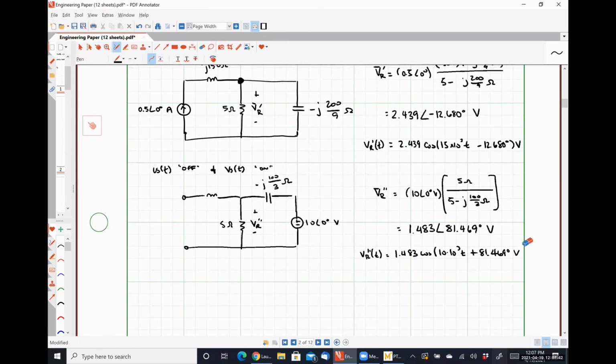Sorry, that should be outside of the parentheses, giving us VR of t is 2.439 cosine(15 times 10 to the 3 t minus 12.68 degrees) plus 1.483 cosine(10 times 10 to the 3 t plus 81.469 degrees).